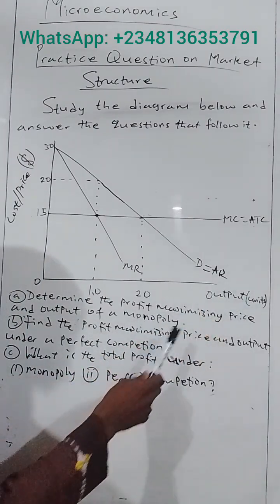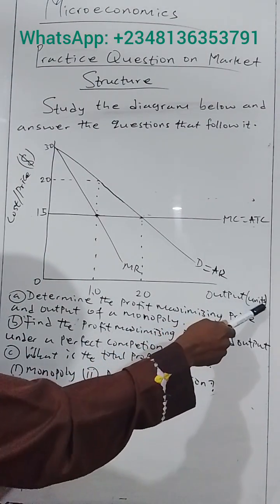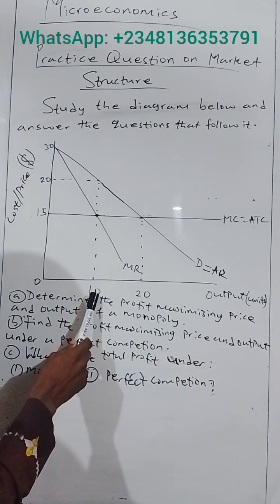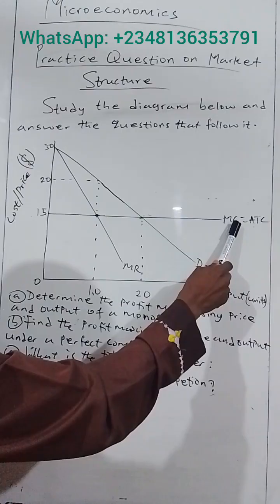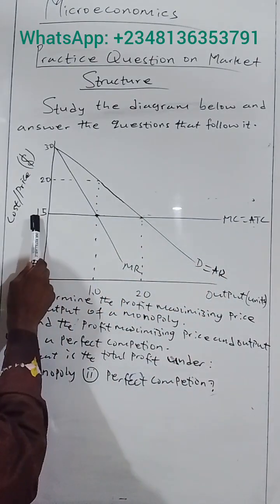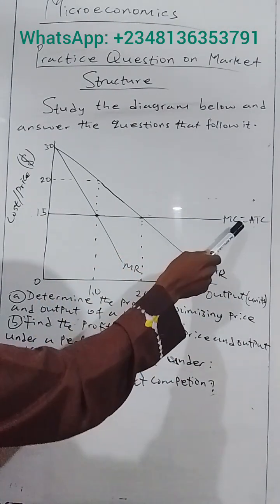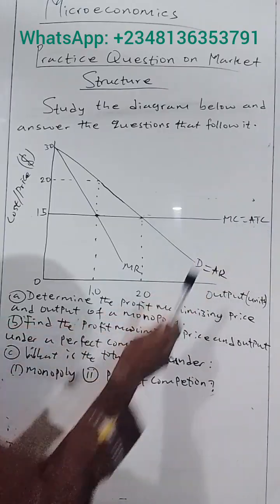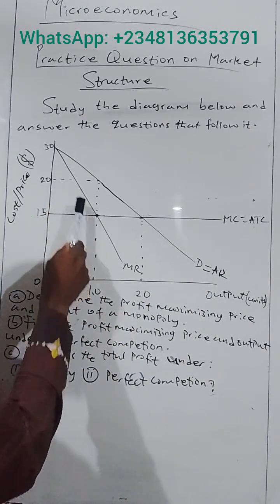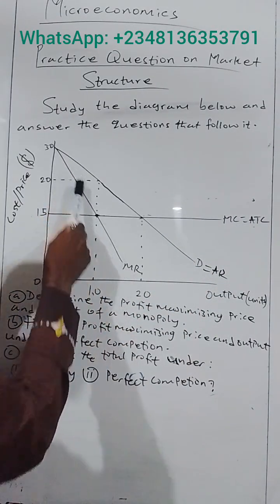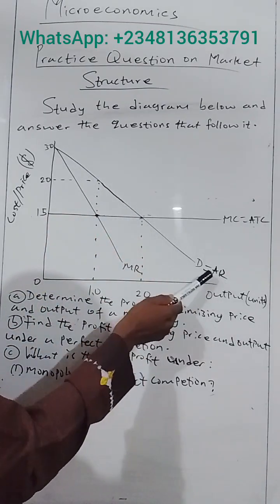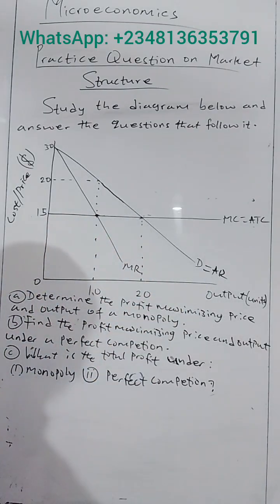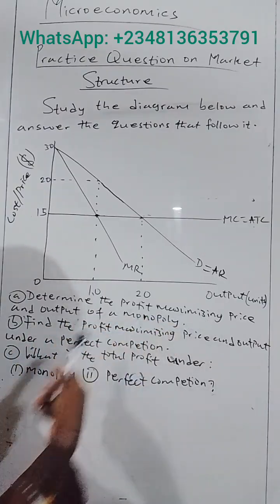On the x-axis, we have output in units: 10 units, 20 units. Here we have the marginal cost curve, which is constant at 50 US dollars, which is also equal to 80. So we have the marginal revenue curve, which is downward sloping and below the average revenue curve, which is equivalent to the demand curve. And here are the questions to answer.